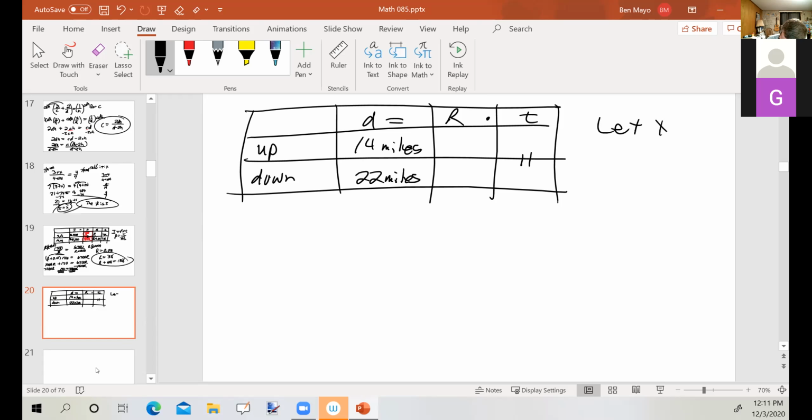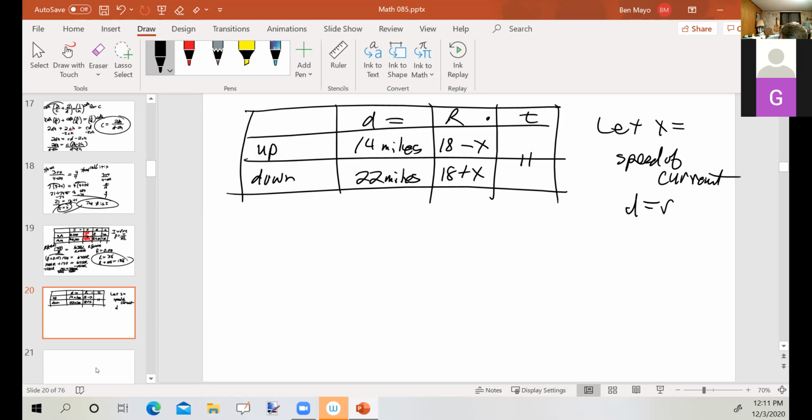Let's let x equal speed of current. Going upstream, the boat could travel 18 miles an hour on its own, but it's minus the current because the current is working against it. Going downstream, it's got 18 miles an hour plus the current is helping it.